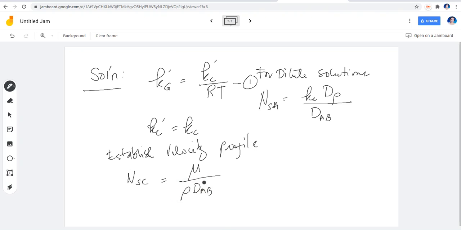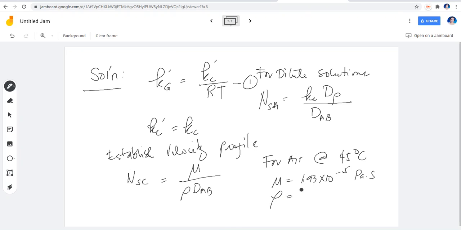In this case, we have a dilute solution, so we will be getting the mu, the rho, and the D sub AB, and we'll be basing it on air. So for air at 45 degrees Celsius, your mu is equal to 1.93 times 10 raised to negative 5 Pascal seconds.